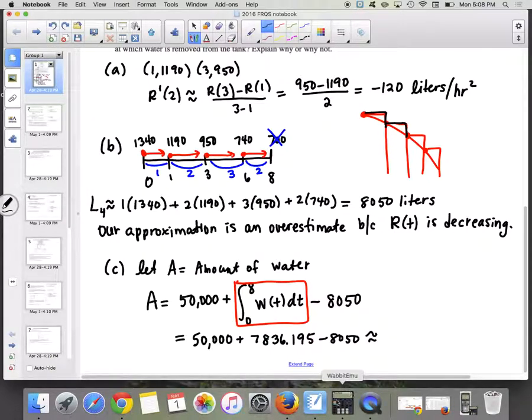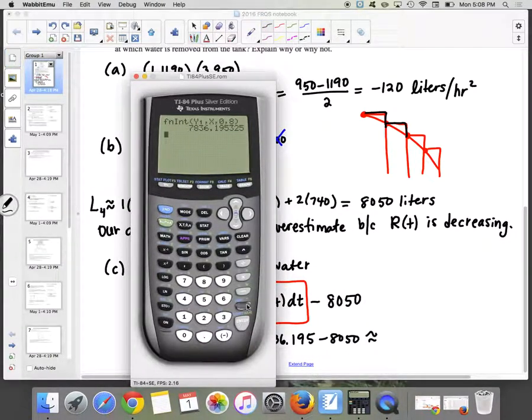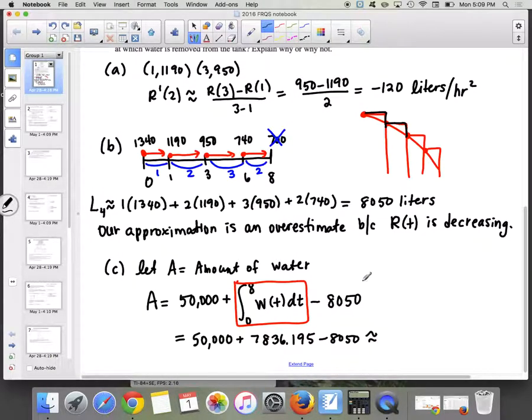And in this case, it says to the nearest liter, so at the very end, I'm going to round to the nearest liter. So I'm going to do plus 50,000 minus 8,050. So I get this, and I'm going to round to the nearest liter. So I'm going to say 49,786 liters.